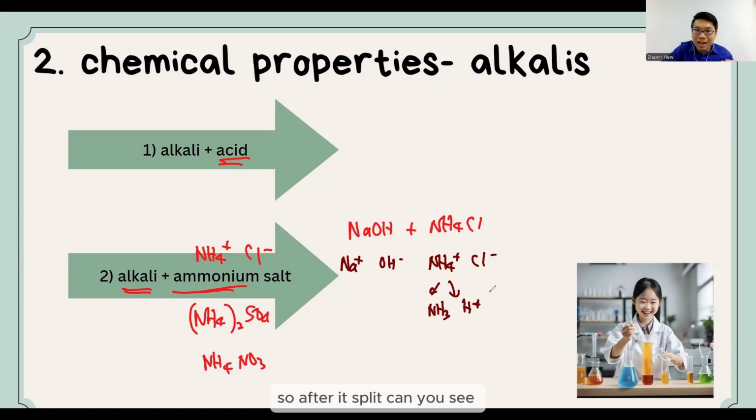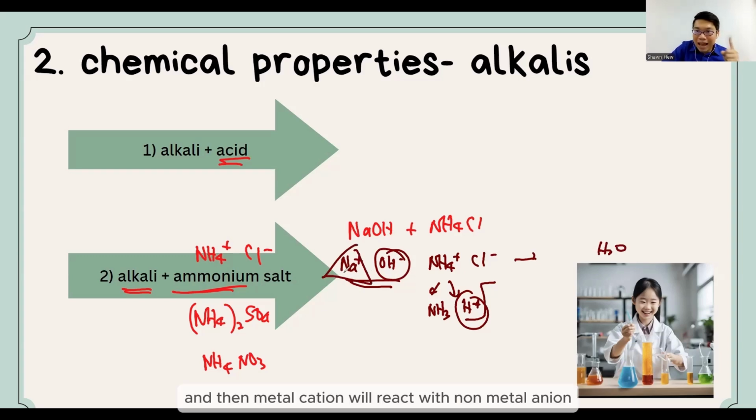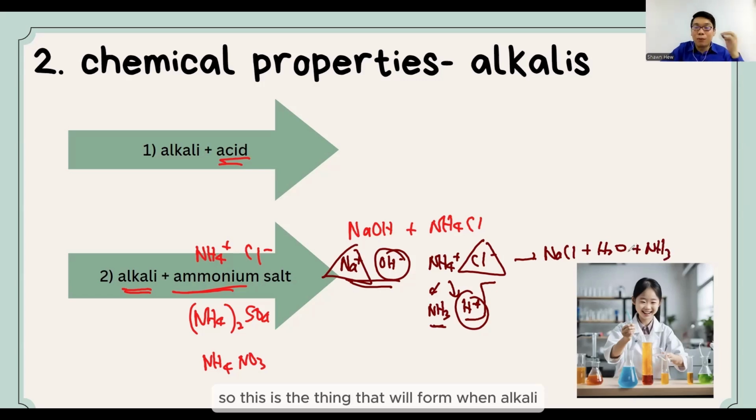After it splits, you can see it is alkali plus acid. So H and OH will form H2O. And then the metal cation will react with the non-metal anion, forming NaCl. And of course, the ammonia will be released.